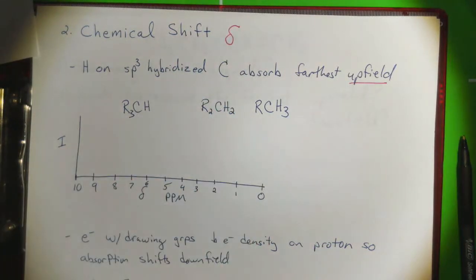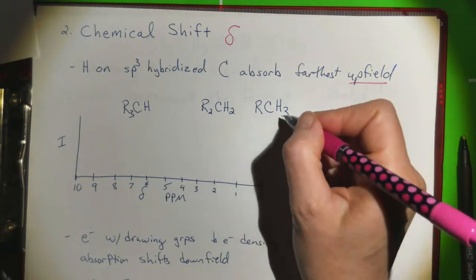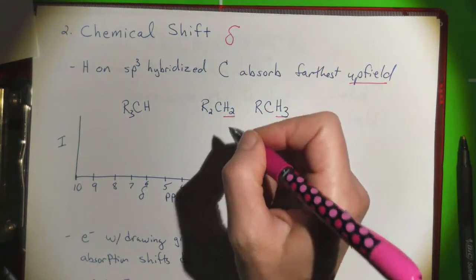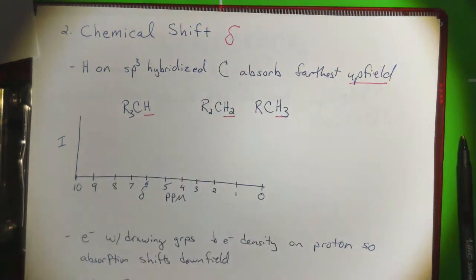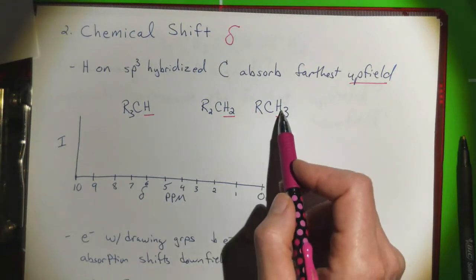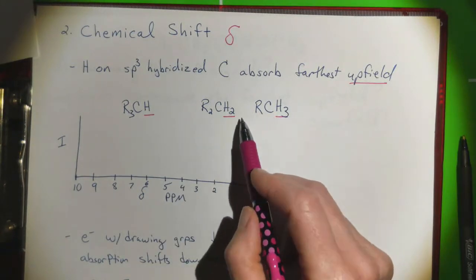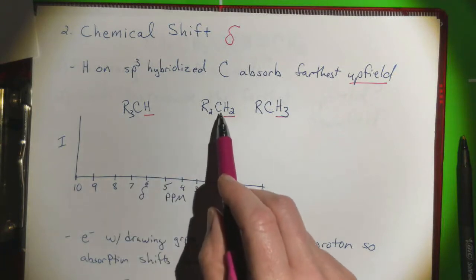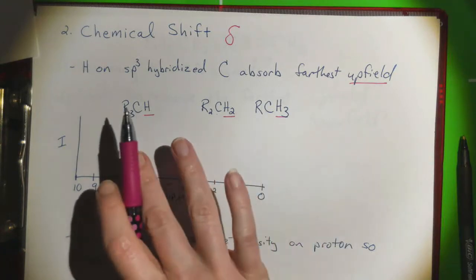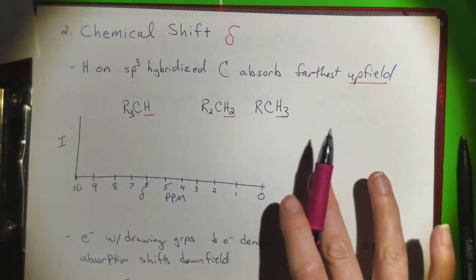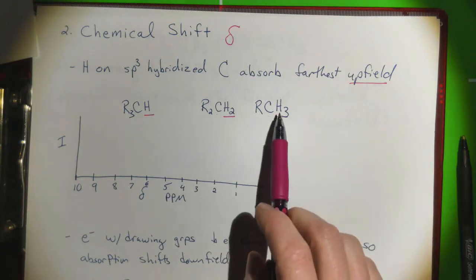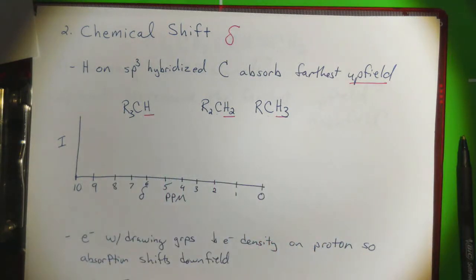Okay, so if we wanted to compare the proton signals generated by each of these, so each of these protons is attached to an sp3 hybridized carbon atom. Okay? We expect their signals to be the farthest upfield, but they're not all going to be identical to each other.